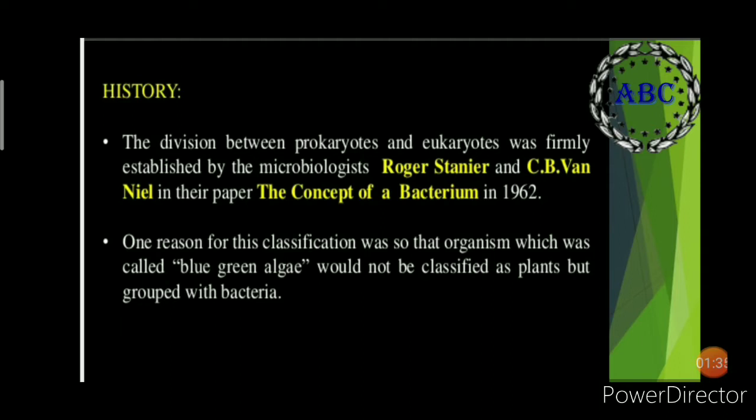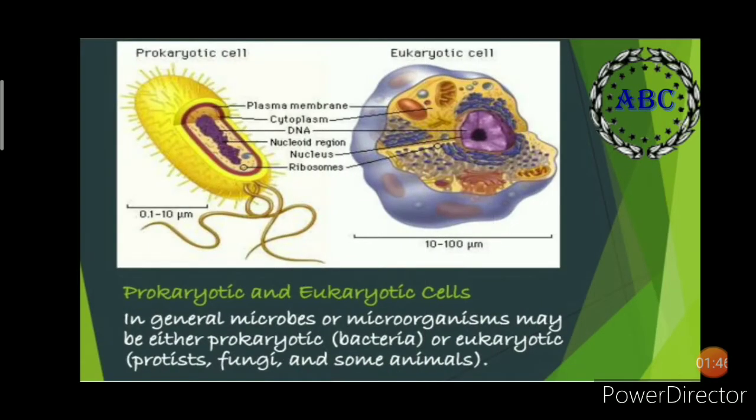One reason for this classification was so that the organism called blue-green algae would not be classified as plants but grouped with bacteria. These are the prokaryotic and eukaryotic cells. In general, microbes or microorganisms may be either prokaryotic, that is bacteria, or eukaryotic, fungi and some animals, and all plants are considered eukaryotic type.